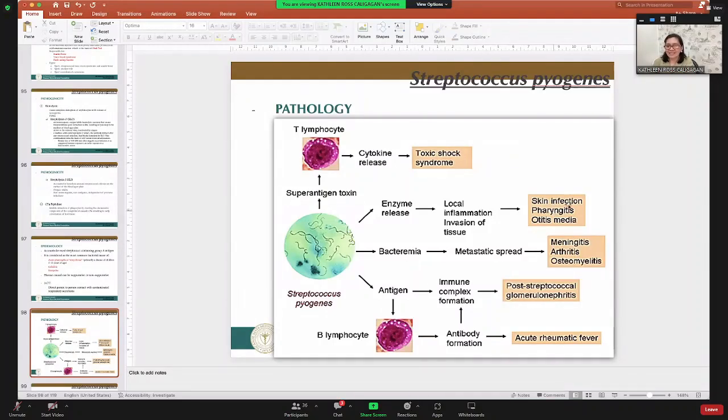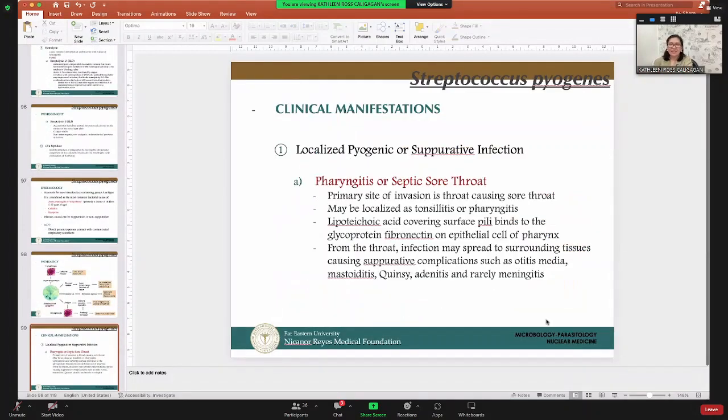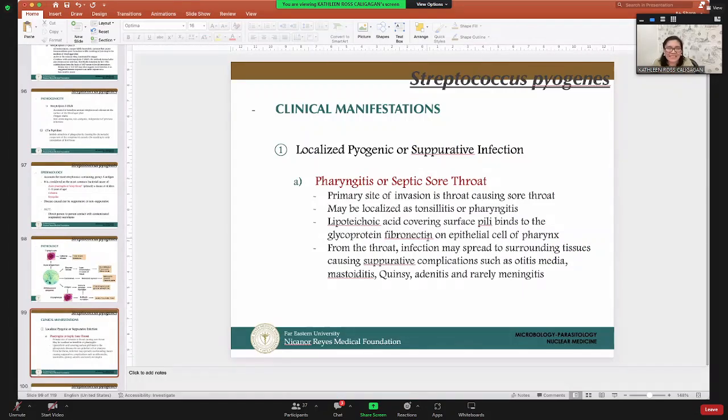So all this may lead to post-streptococcal glomerulonephritis or acute rheumatic fever. Okay. Are we good? So a simple skin infection, pharyngitis or otitis media may have a sequela of acute glomerulonephritis or acute rheumatic fever, especially in repeated infection. Okay, so pharyngitis.